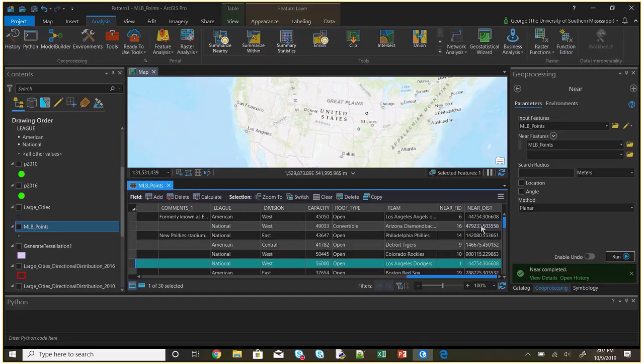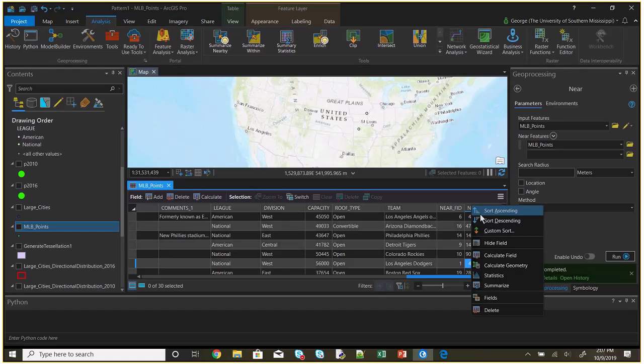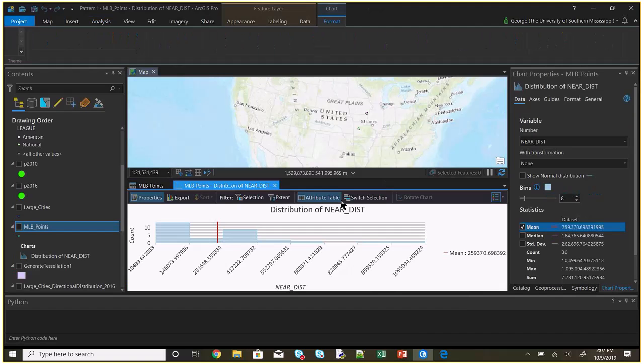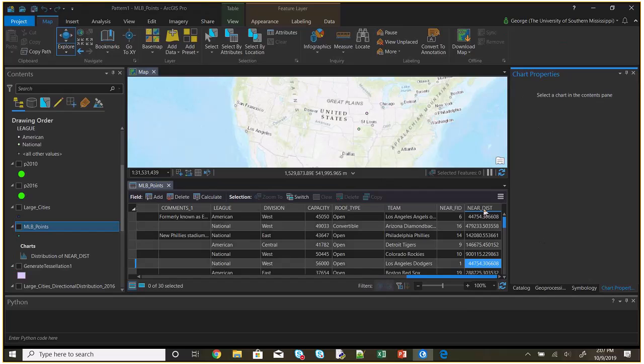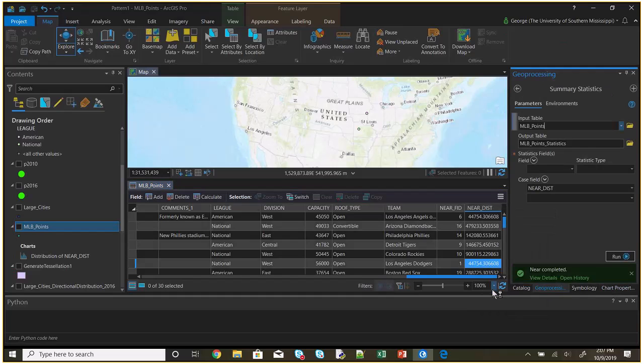How do I get the average distance between each feature and its nearest? Yeah, that's exactly right. That's how I do it. But I can also just right-click here and say statistics. Or not statistics, summarize. Statistics is interesting. Summarize.